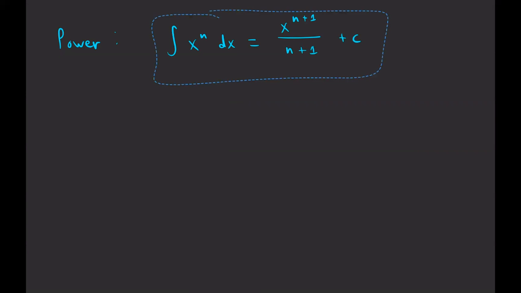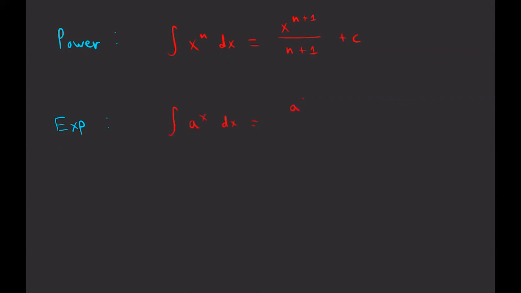Change the color here. Come on. Color change, red. There we go. And then we have the exponential rule, which states that the integral of a to the x dx is going to be a to the x divided by ln of a. Remember, with derivatives, it was multiplied by ln of a, but here it's kind of the opposite.